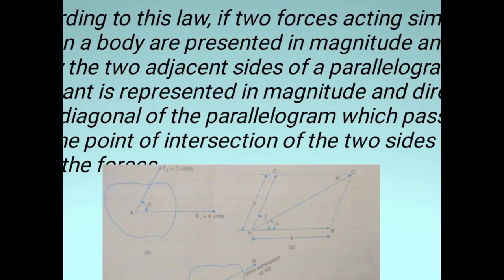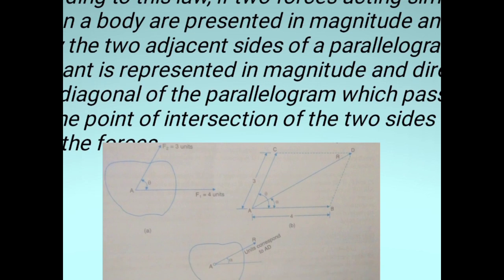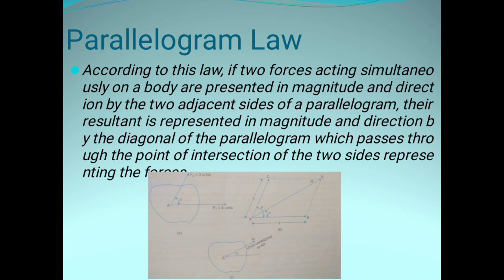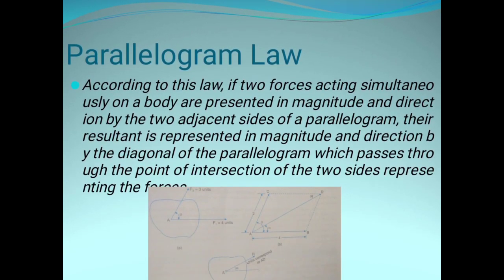The magnitude of F1 is 4 units and F2 is 3 units, represented in magnitude and direction by the two adjacent sides of a parallelogram. We are considering this as a parallelogram and taking these as two adjacent sides. The resultant is represented in magnitude and direction by the diagonal of the parallelogram.